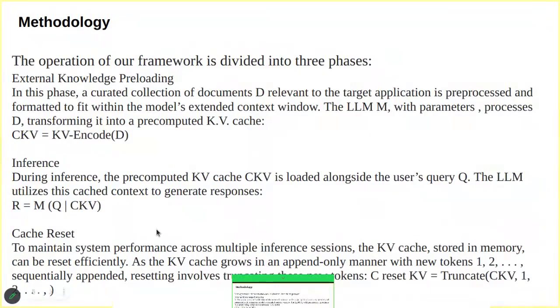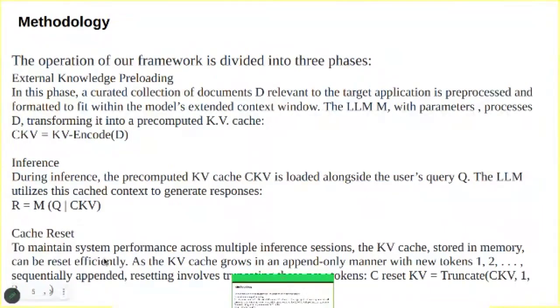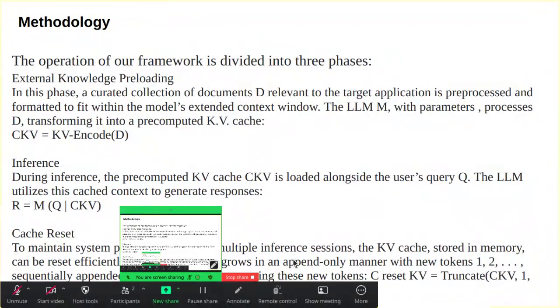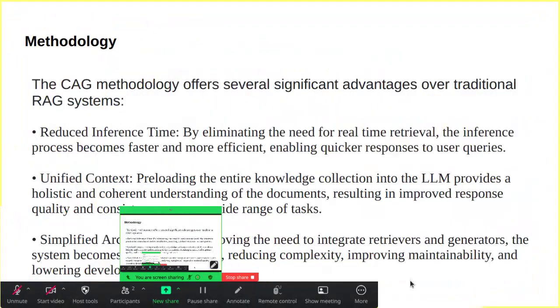The KV cache stored in memory can be reset efficiently, so the memory is truncated. As the KV cache grows in an append-only manner with new tokens t1, t2 sequentially appended, resetting removes these new tokens: CKV reset.